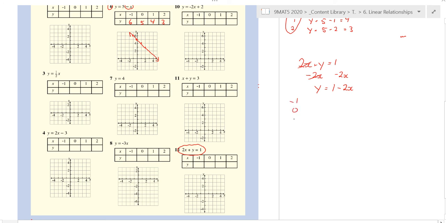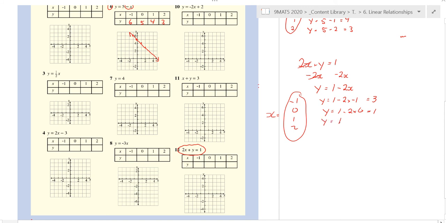Minus 1, 0, 1, 2. So we've rearranged it first, so we have y by itself on one side. Now putting them in, y equals 1 minus 2 times minus 1. So all of that is plus 2, equals 3. Y equals 1 minus 2 times 0 equals 1.